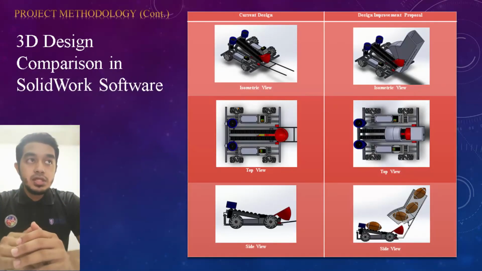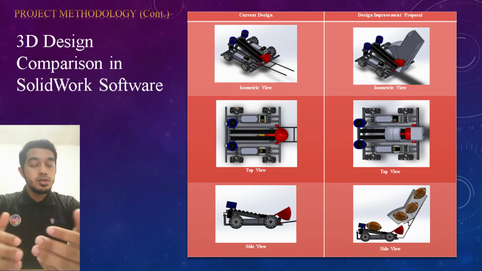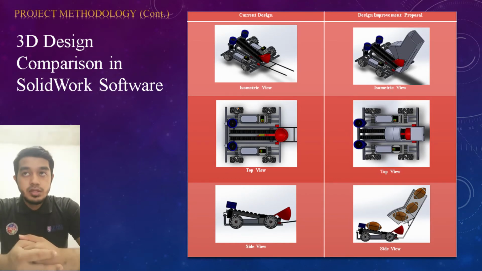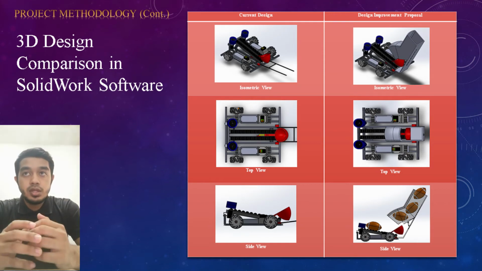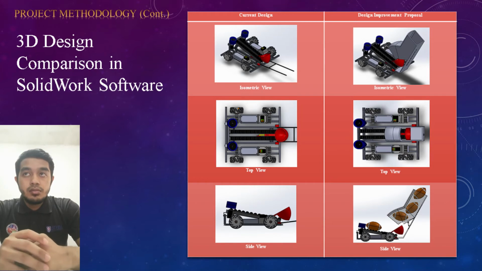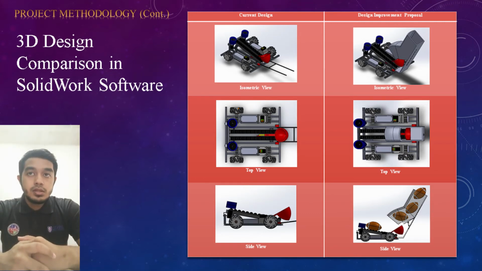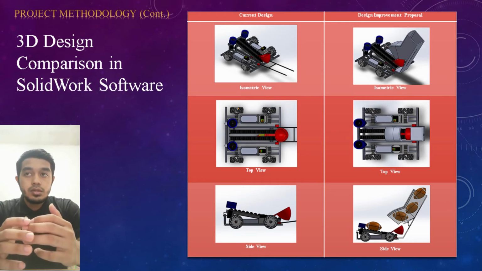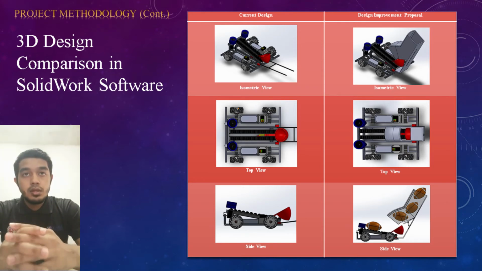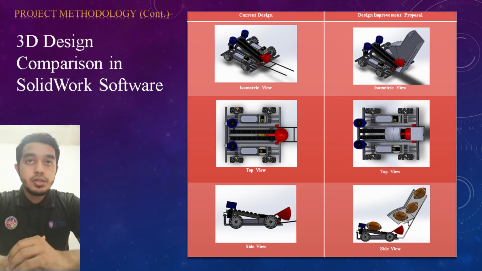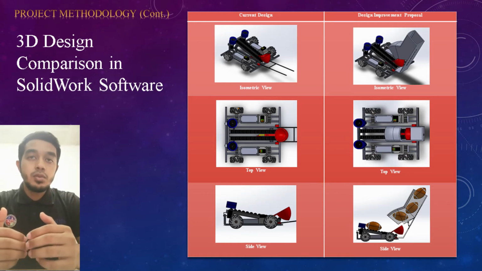Okay, now we move to the next project methodology, which is design comparison, the 3D design comparison in SolidWorks software. As we can see here on both sides of the design, the design improvement proposal is mostly similar to the current design, but the difference between them is the back part of the body.